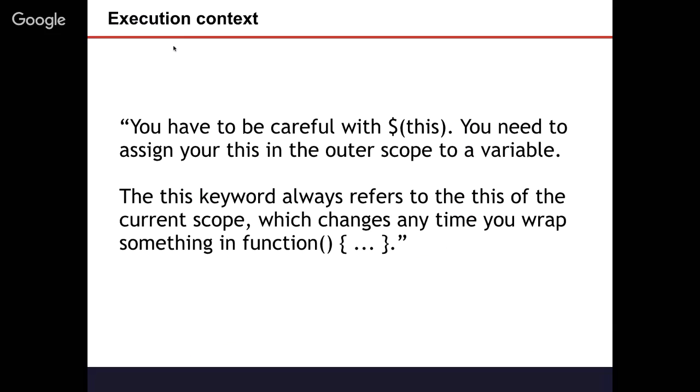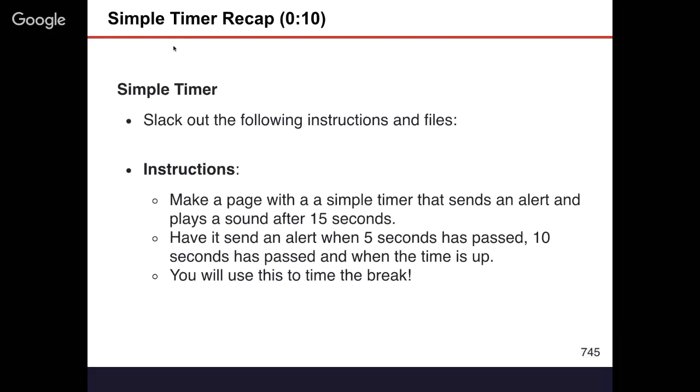So that may change. It may be an object, it may be a window, it may be a document. But it changes anytime you wrap something in a function, in a sense. Sort of true. But we'll get into some of why and why not to do that at a later time. Don't worry too much about it. Just be aware that it's there.